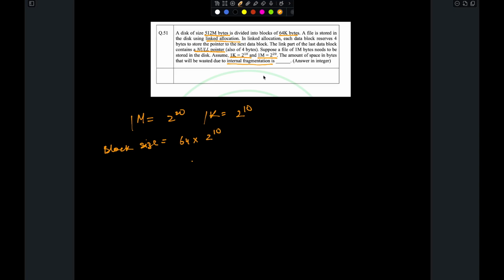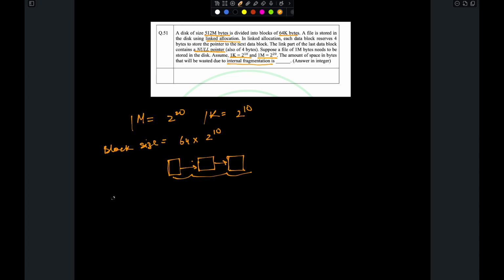Now if you know about linked allocation, then linked allocation happens in such a way that one block is connected to another block, and a block, besides its own data, also stores a pointer to the next data block that we have. So it becomes a chain type of a thing. But now we would need some memory for storing the pointer, of course.